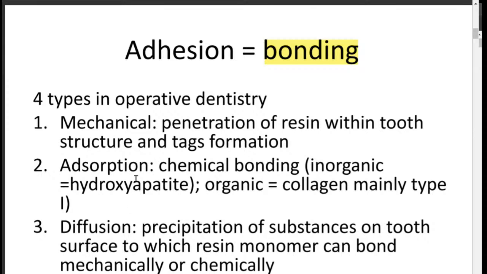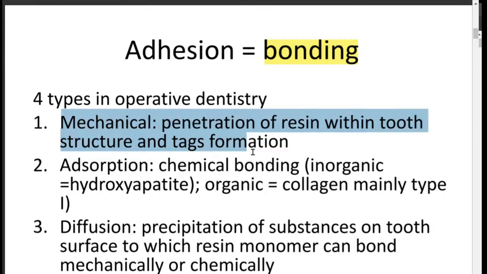So these are the 4 types of adhesion or bonding in operative dentistry. The first one being the mechanical, second is adsorption, then we have the diffusion and the combination. Let's start with the mechanical penetration of resin.